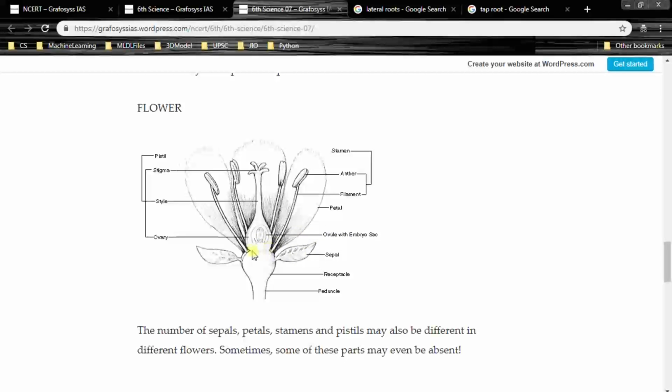Here the seeds are born, and these are the petals, and this is the filament, right? And this is anther, and the middle one part is stigma, and ovary, right?